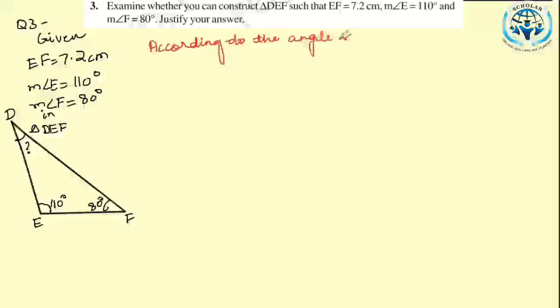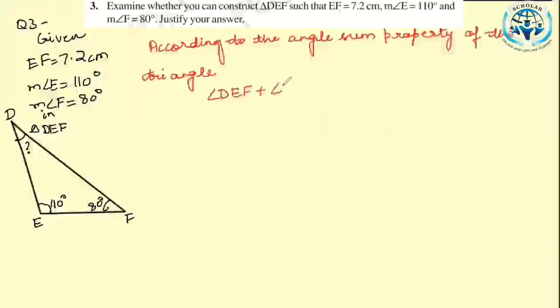Third angle is unknown. Now first of all, we can see that 110 and 80 degrees is equal to 190 degrees. And according to the angle sum property of the triangle, the sum of the three angles is equal to 180 degrees. It is already more than 180 degrees.